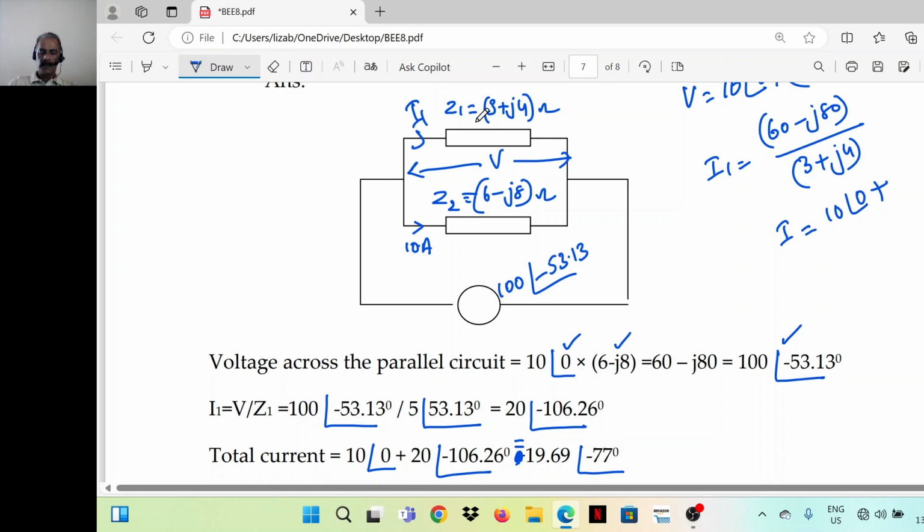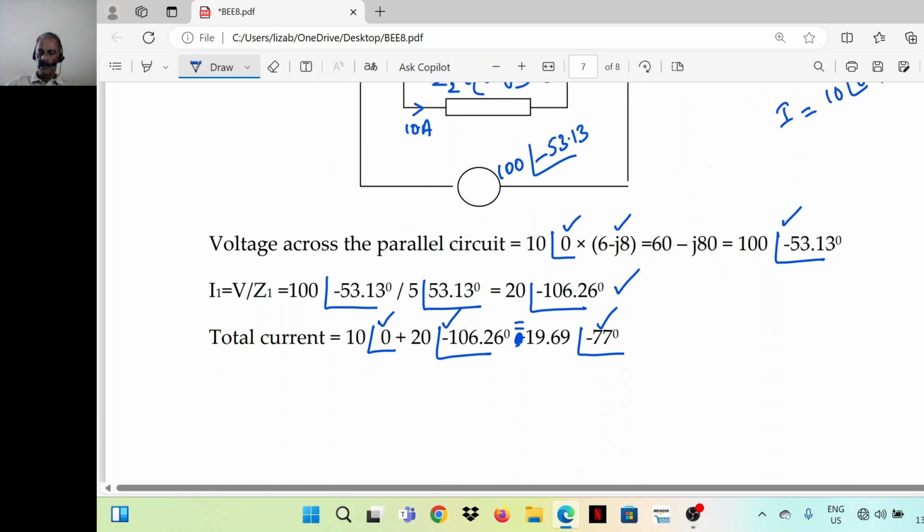Then I1 is equal to this voltage divided by (3 plus j4). 100 angle minus 53.13 divided by 5 angle 53.13, you'll get it as 20 angle minus 106.26. Then the total current is I2 plus I1, 19.69 angle minus 77 degrees.